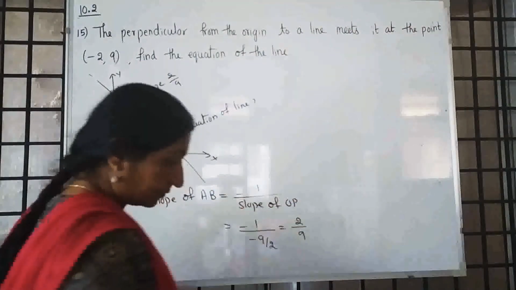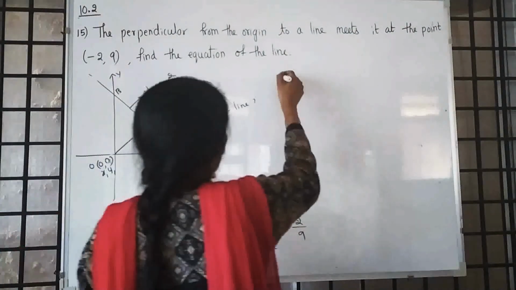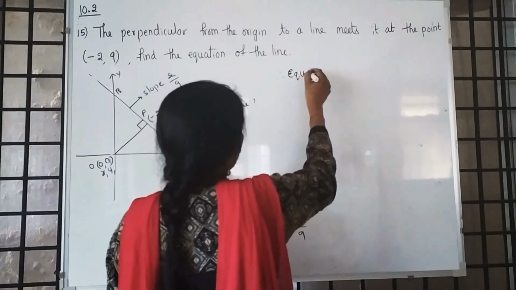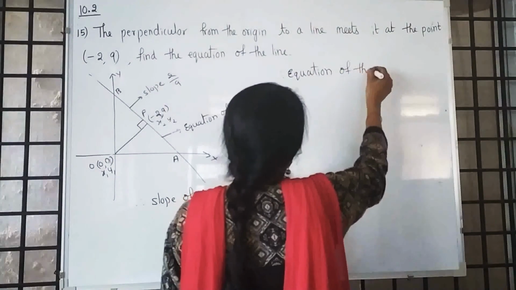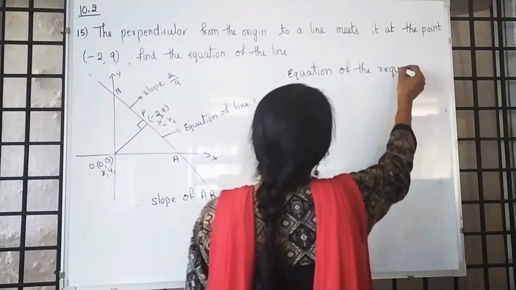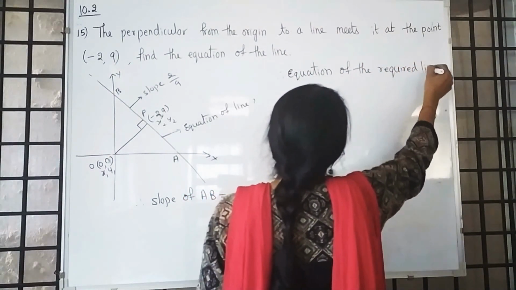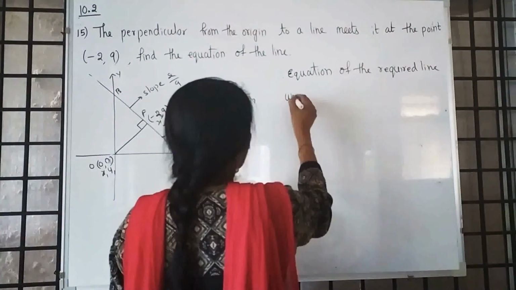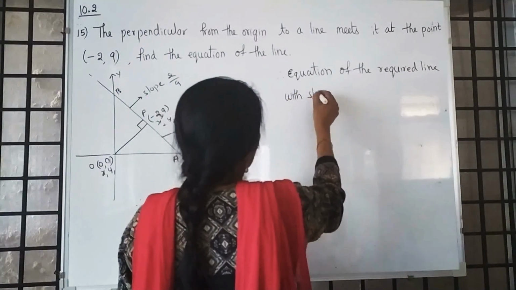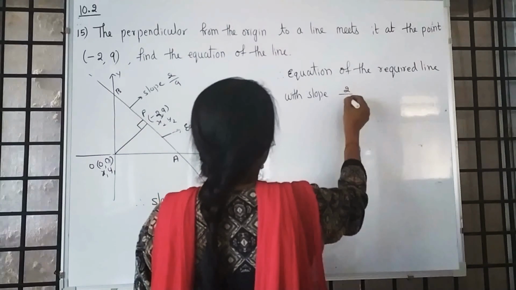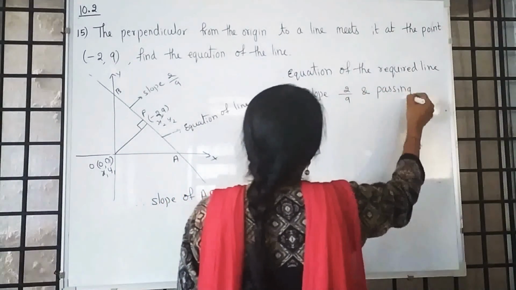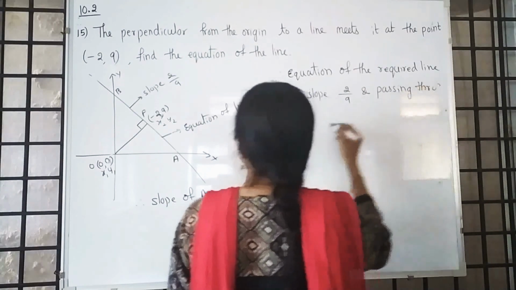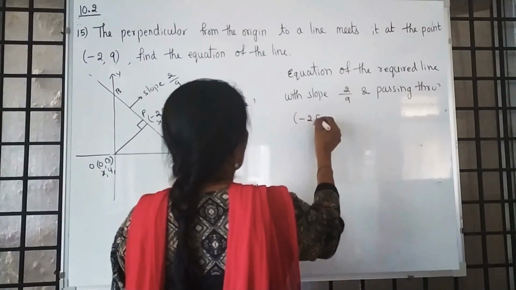Therefore, equation of the required line with the slope 2 by 9 and passing through -2, 9.